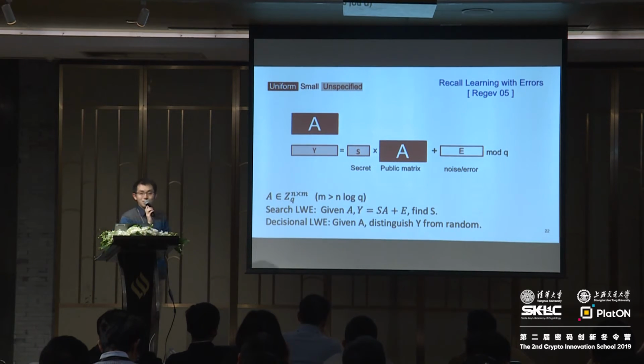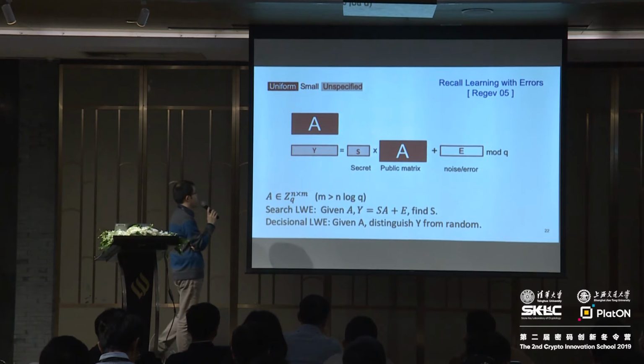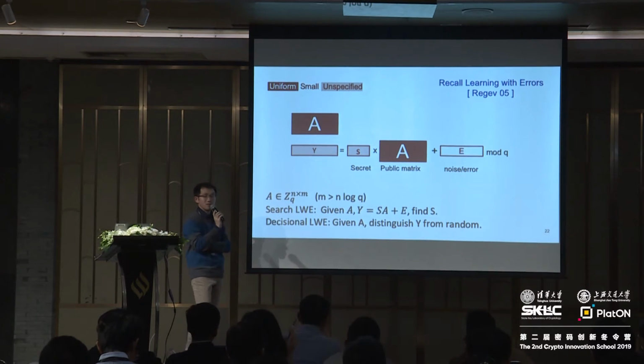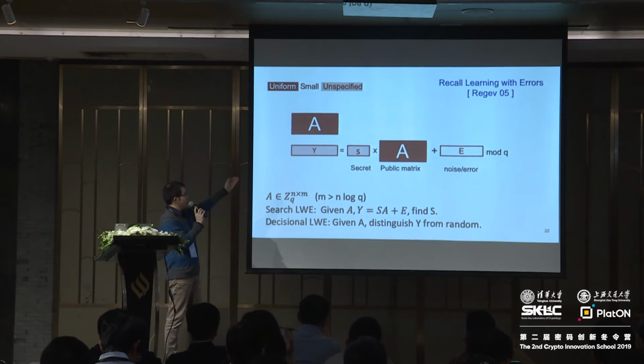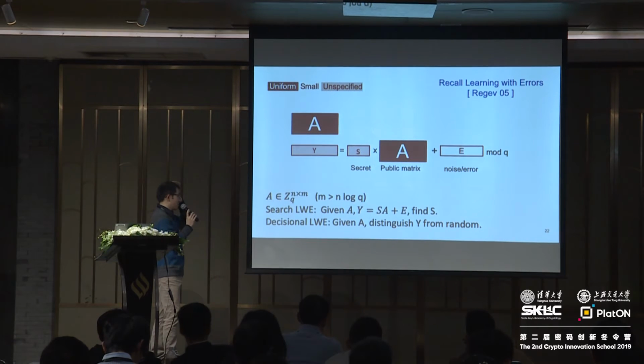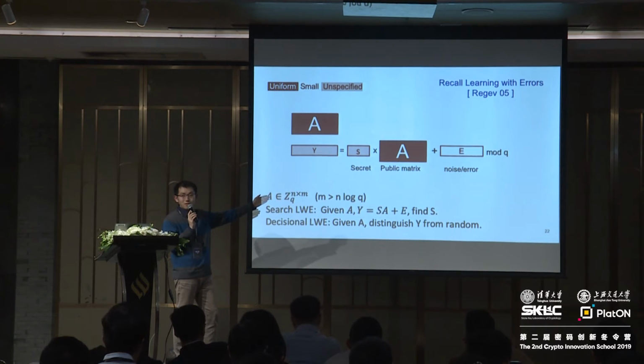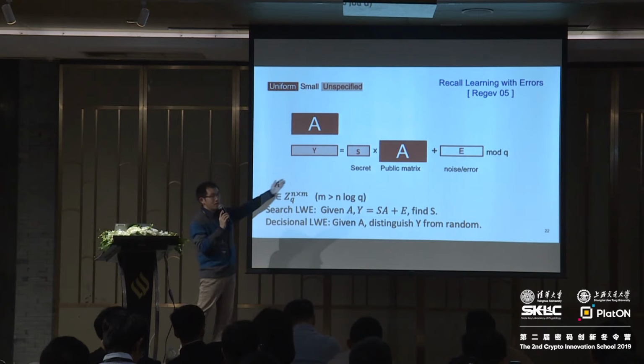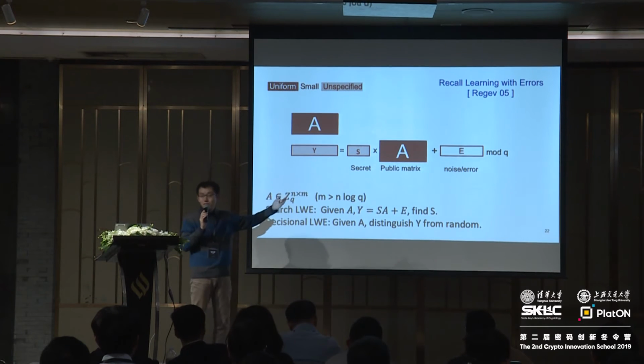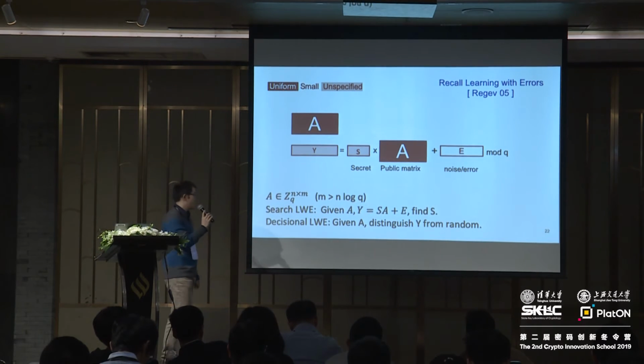For this talk, it's convenient to think about learning with errors as follows: I give you a public matrix A, and I give you a few LWE samples, which I denote as Y. So Y equals a secret s times the public matrix A plus a small noise. The search LWE asks that, given the public matrix A and the LWE sample Y, you find the secret s. Actually, if you find the errors, you can also just delete the error and then find s by linear algebra.